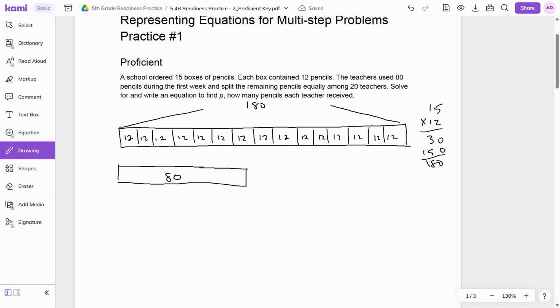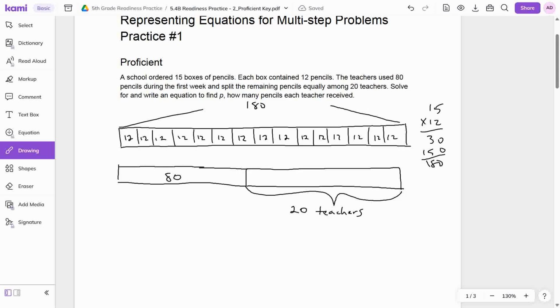Okay, and then I'm going to split this remaining amount among 20 teachers. I'm going to say 20 teachers, rather than drawing the 20 little boxes. So we need to solve for P, and we need to write an equation.